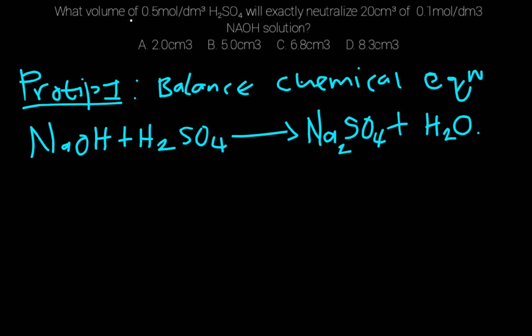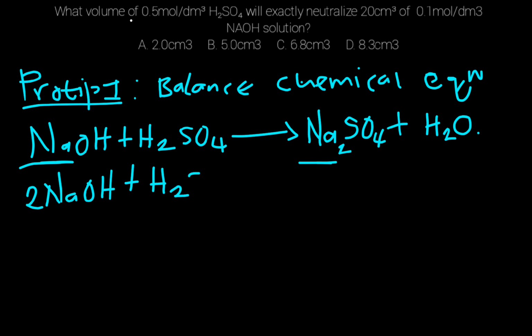H2O. Now, if you note, this equation is actually not balanced because we have just one sodium here, but we have two sodium here. So in order to balance this, we introduce two sodium on this side. It becomes 2 NaOH plus H2SO4.